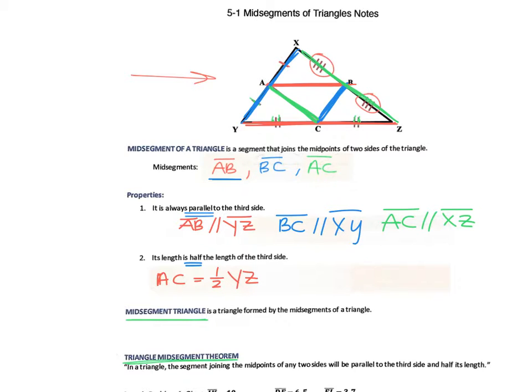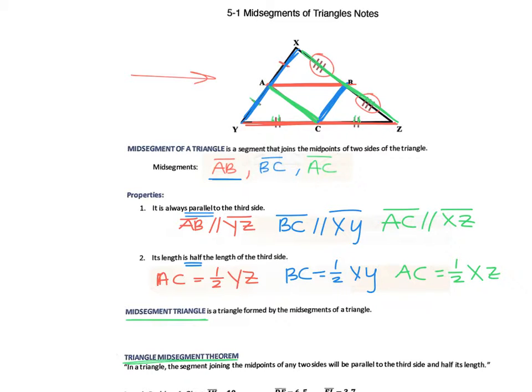If I knew the length of YZ and I cut it in half, I would get the length of AB. That also means that BC is half the length of XY, and AC is half the length of XZ. Really I'm just saying the same thing with three different sets of lines here. Do you see that? My color coding hopefully shows you that.